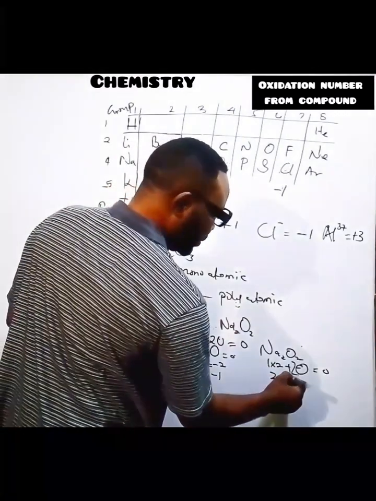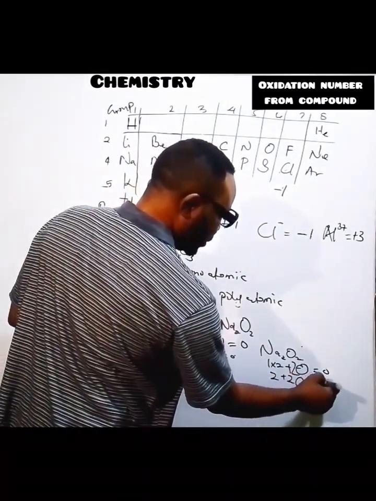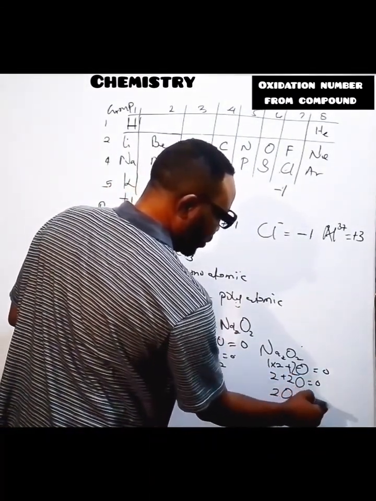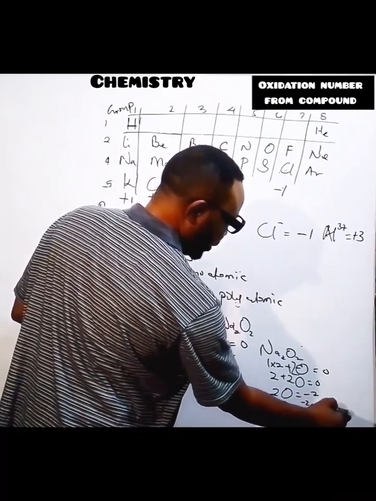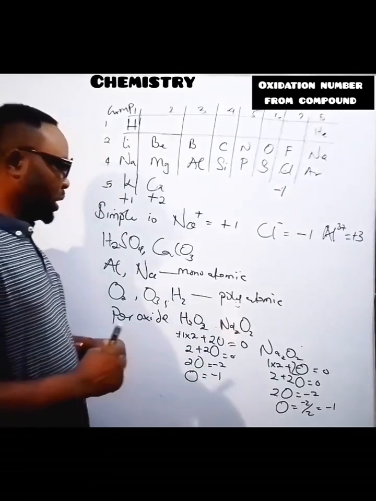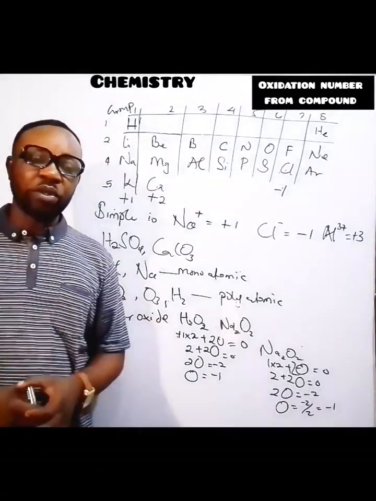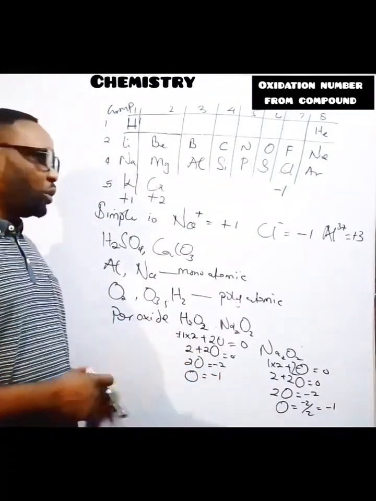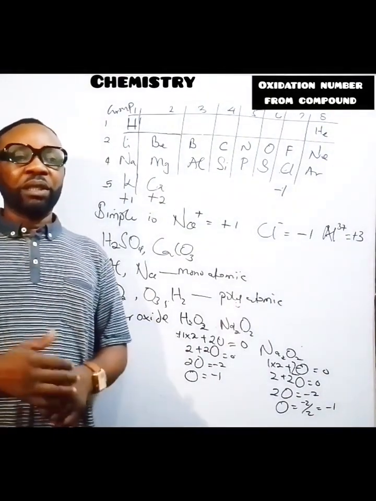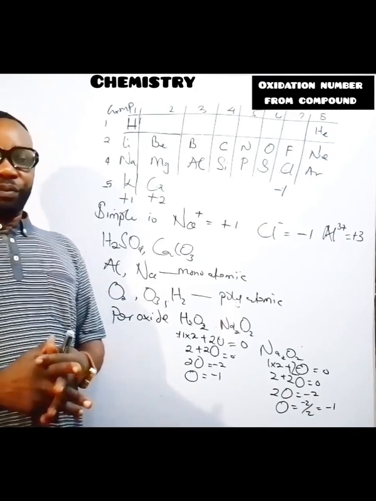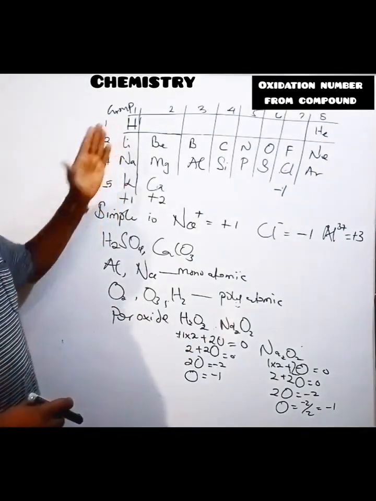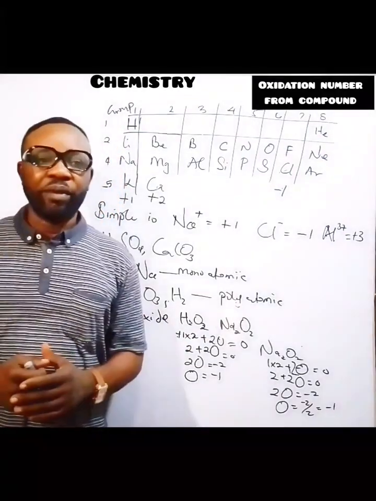So 2 plus 2 oxygen is equal to 0. 2 oxygen will be equal to -2, so oxygen is -2 over 2, which is equal to -1. So this is enough to let us know that the oxidation number of oxygen in its peroxide is equal to -1.